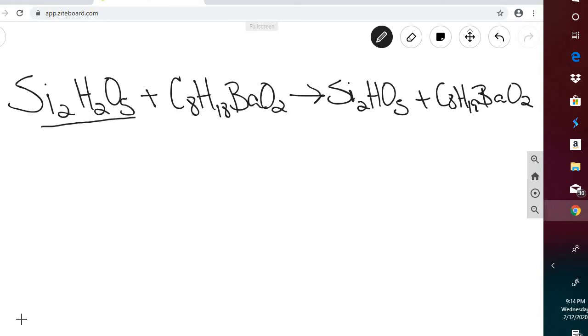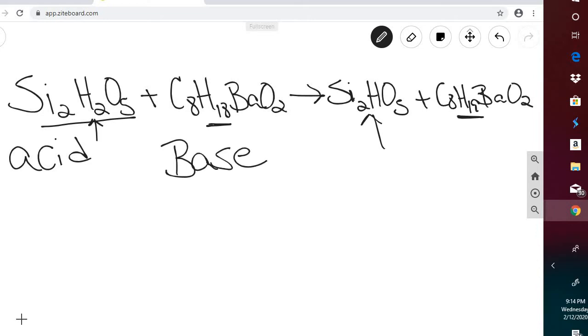So this went from 2 hydrogens to 1 hydrogen. Okay, so it donated its hydrogen, so that makes this the acid. And this went from 18 hydrogens to 19 hydrogens. It accepted the hydrogens, and so that makes that the base.